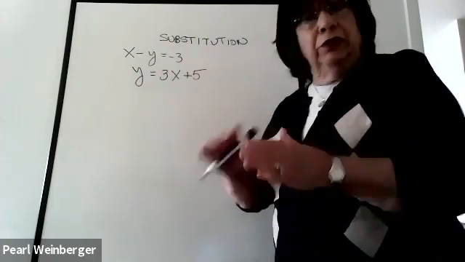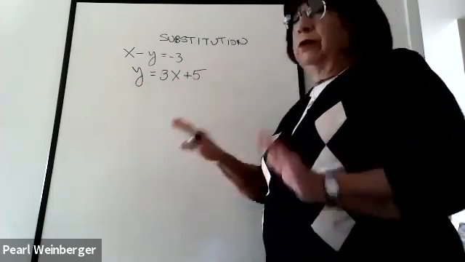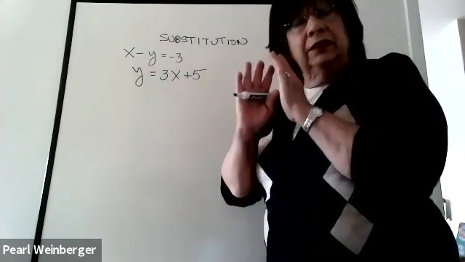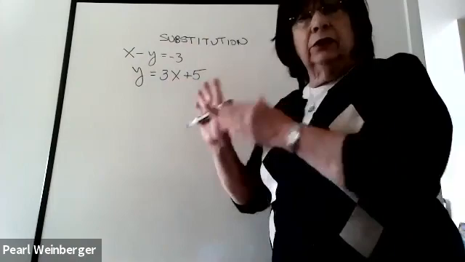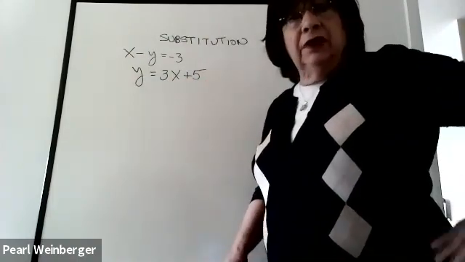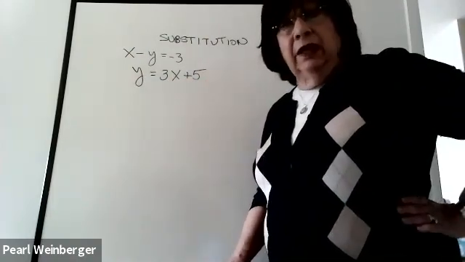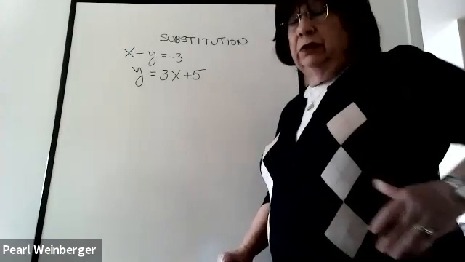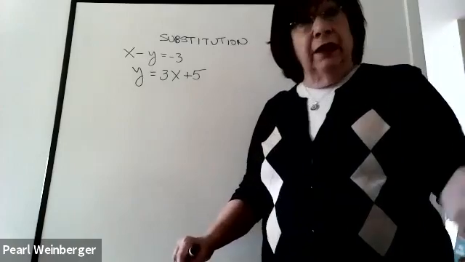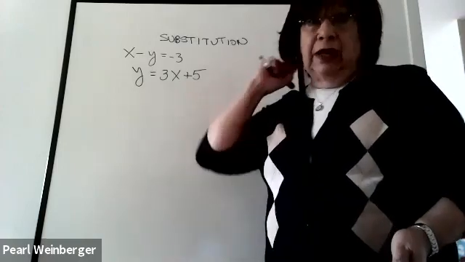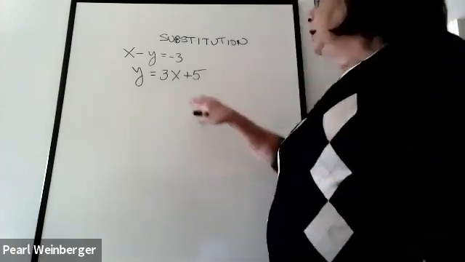It doesn't have to be always y equals, it could be also x equals. If one of your equations has either the y alone equaling or the x alone equaling, then the substitution method is a very good method to use. You could use the substitution method in other cases also, but that's usually the most common place where it's used.